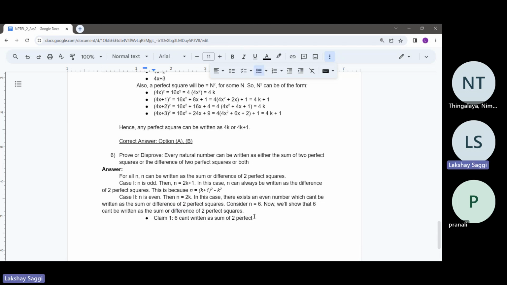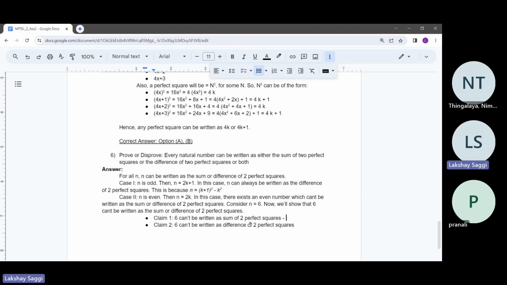So I'll show two claims. Claim one would be that 6 can't be written as sum. Claim two would be 6 can't be written as difference of two perfect squares. So we'll divide our proof into these two cases.